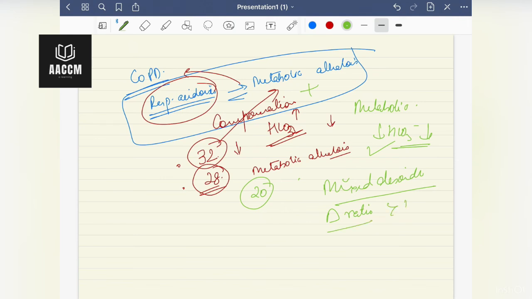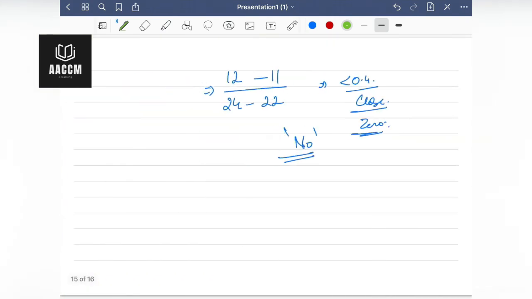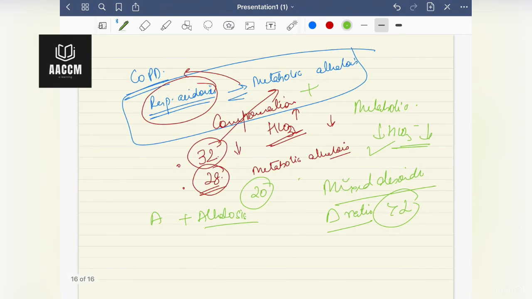And if the delta ratio is greater than 2, it will show metabolic acidosis plus metabolic alkalosis. Okay, so this is a use of delta ratio to diagnose mixed disorders.